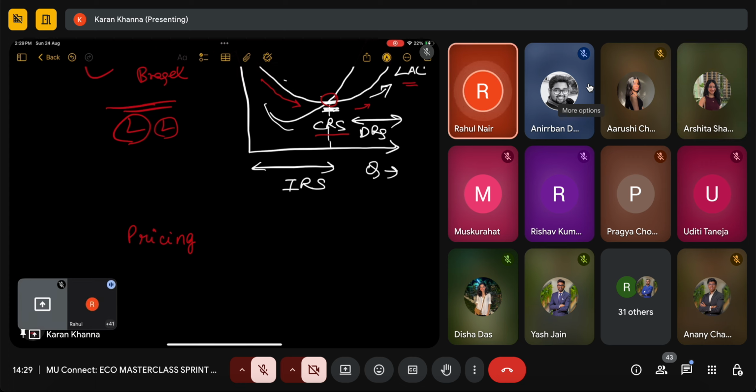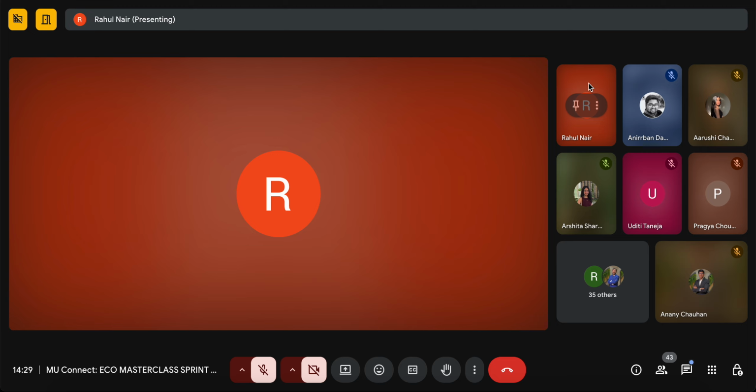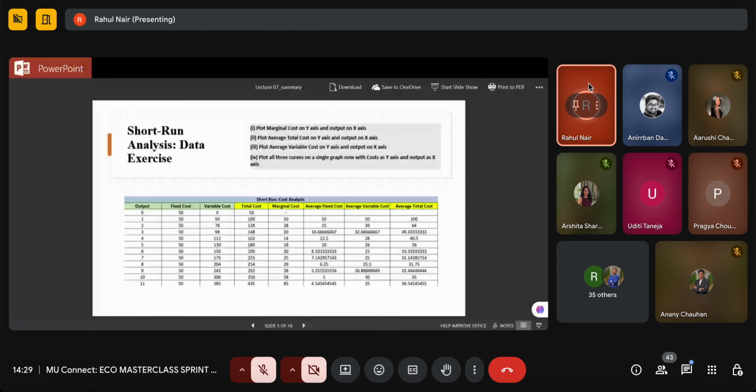Is my screen being shared? No, I can only see the handwritten notes. Is my screen visible now? Yeah. So this is the game theory assignment. This is how I did it.